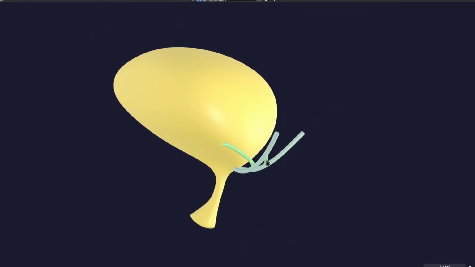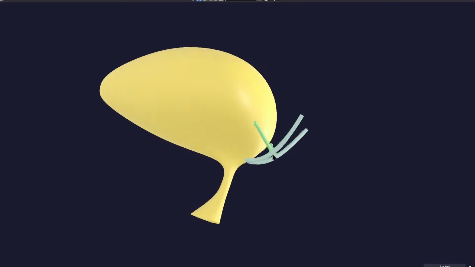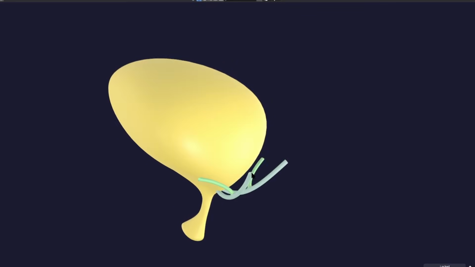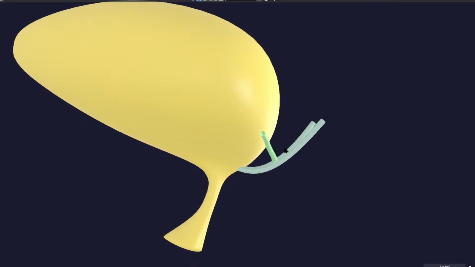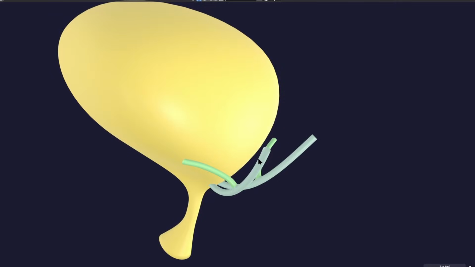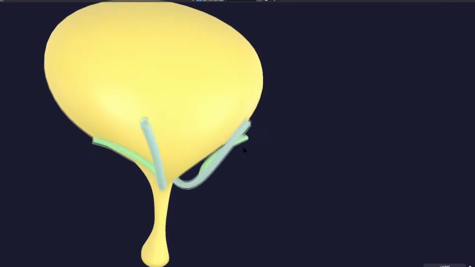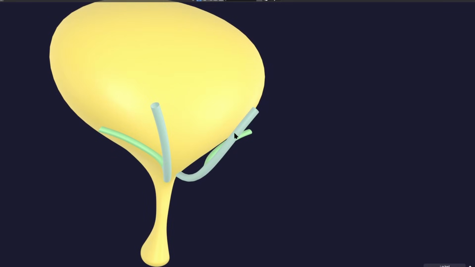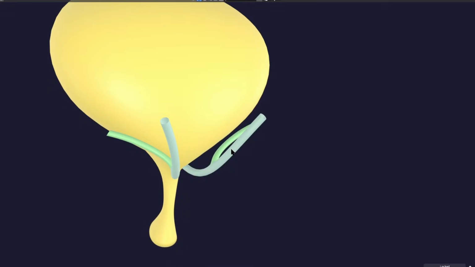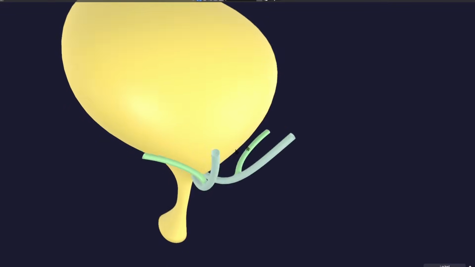So the mesonephric duct poured into this urogenital sinus, and near its distal end, near its point of entry, two bilateral invaginations arise from this mesonephric duct, and these are called ureteric buds. And these ureteric buds were going into the metanephric kidneys. Please watch the lecture on the development of kidneys if you fail to understand this lecture.